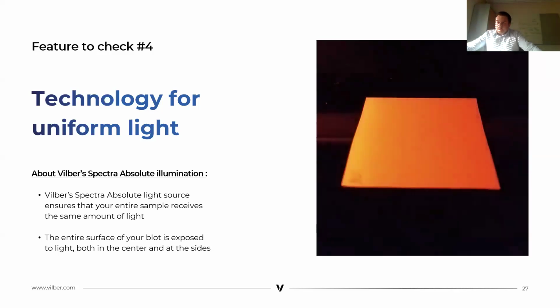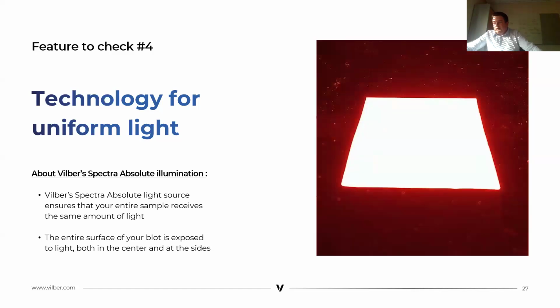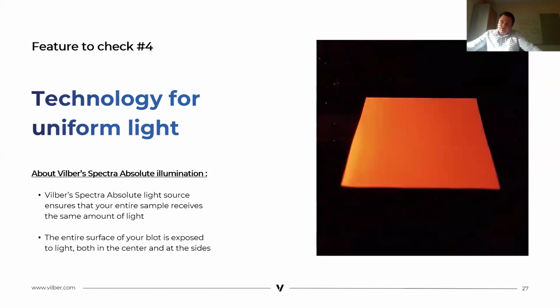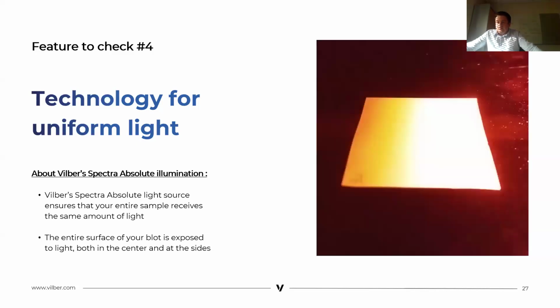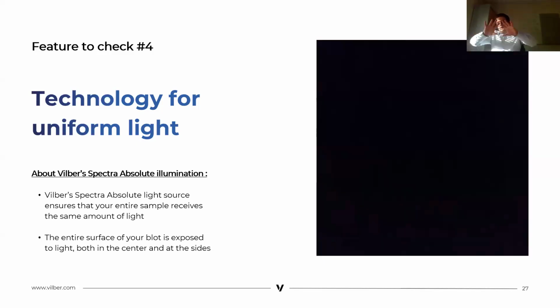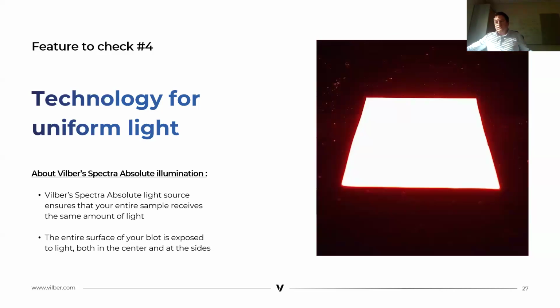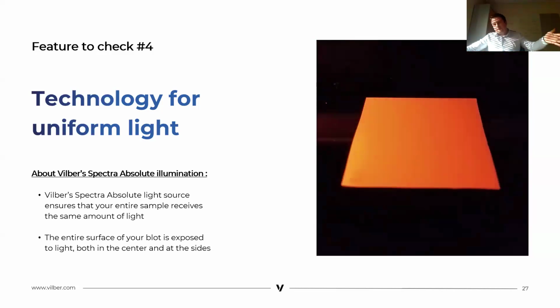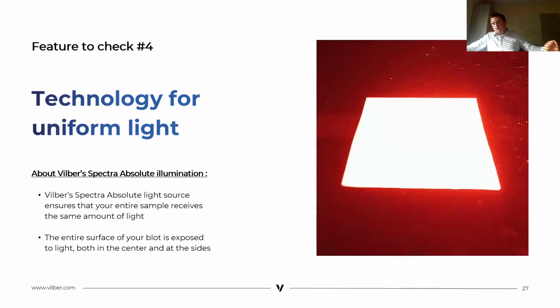In practice, the whole blot is evenly illuminated from the center to the edge of your membrane. As a result, you get a truly homogeneous signal, which significantly improves both reliability and reproducibility.